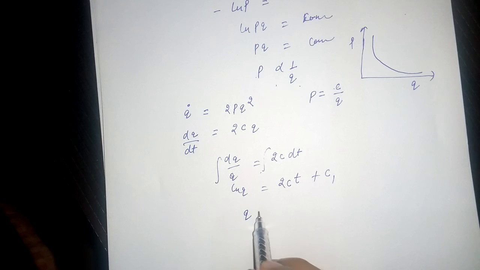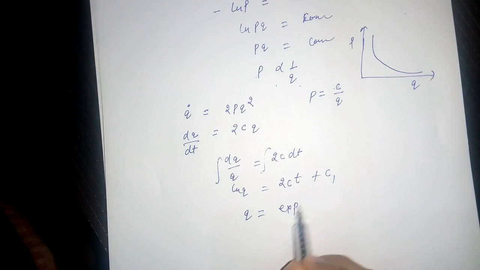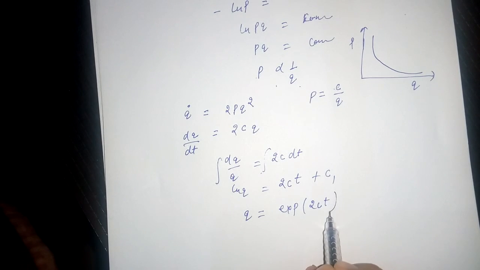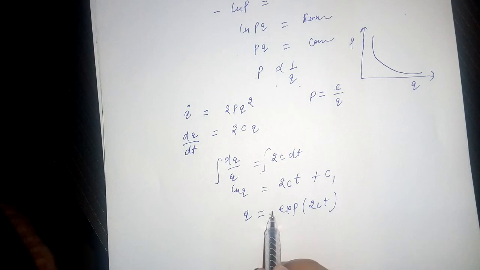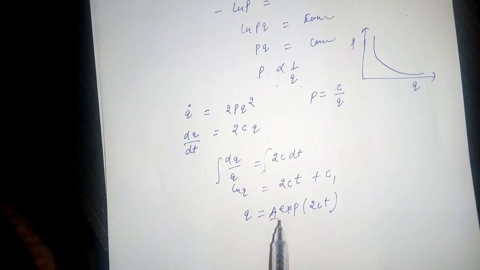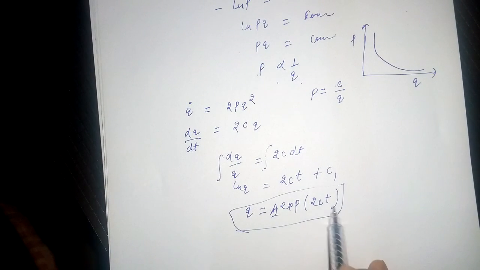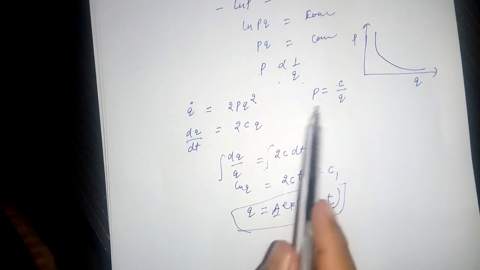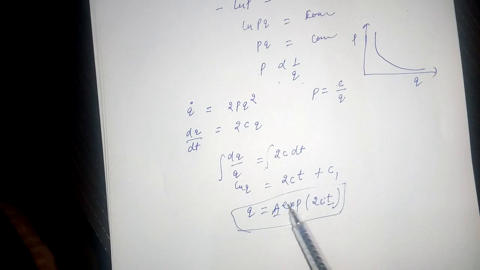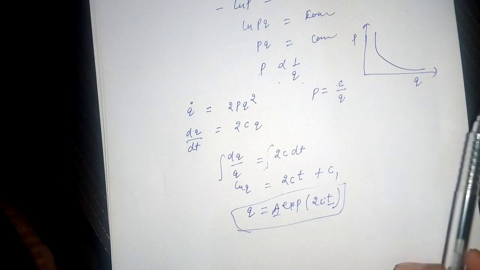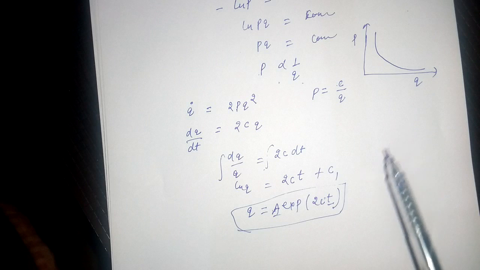We get this exponential of 2ct, with some constant here also. So we get Q in terms of time. Similarly, we get P in terms of time, just by reversing it and multiplying with c.